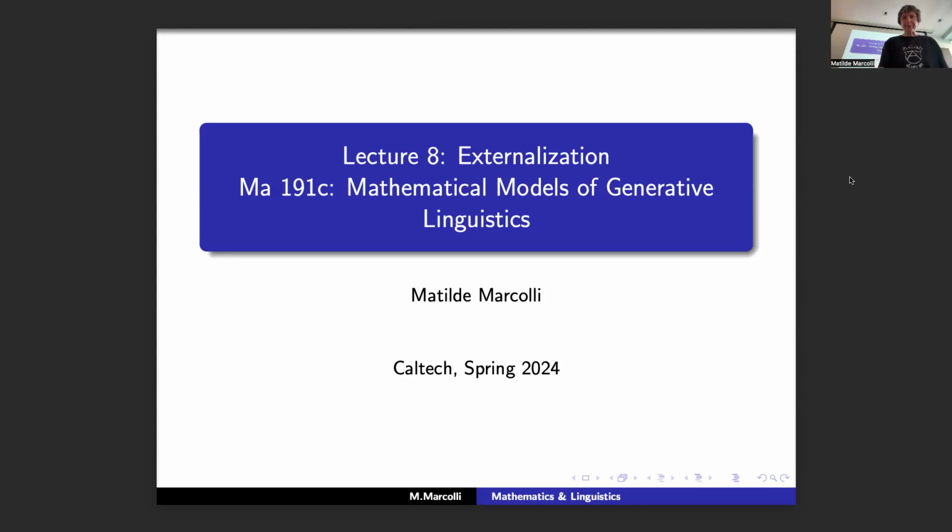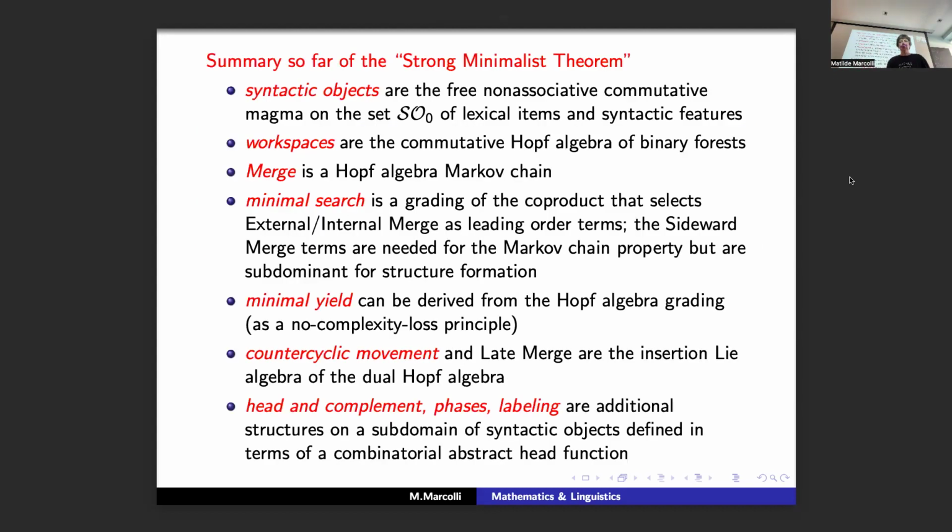Okay, so let me get on to the next few things that I want to discuss. Here is where we are so far with what happened in the last couple of weeks. These are the main things that we got down. Syntactic objects are these non-associative commutative magma generated by the set of lexical items and syntactic features.